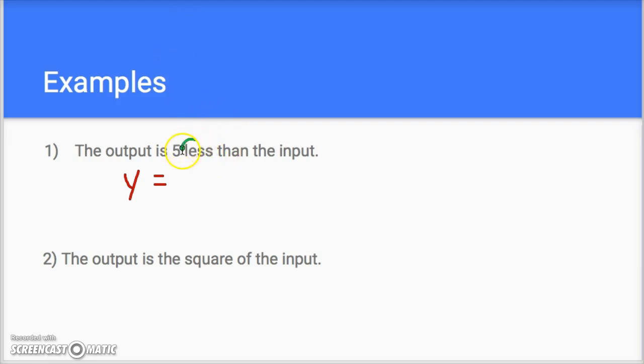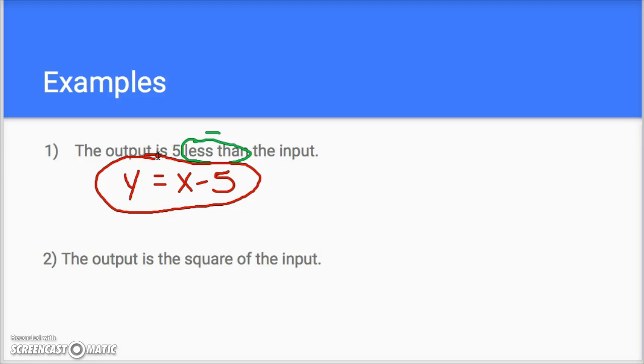We have the word less than, which yes means we're going to subtract, but I said that it's going to be backwards from the way it's read. So instead of this saying 5 minus the input, you're actually going to flip that around and do the input minus 5. Okay, and keep in mind, anytime we see the word input, that's our x. So x minus 5. And there's our function rule.